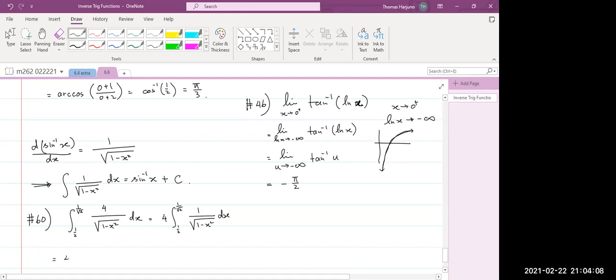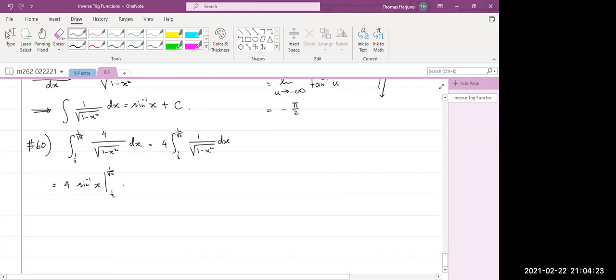Then this will be 4 times sine inverse x from 1/2 to 1 over radical 2, which is 4 times sine inverse of 1 over radical 2 minus sine inverse 1/2.